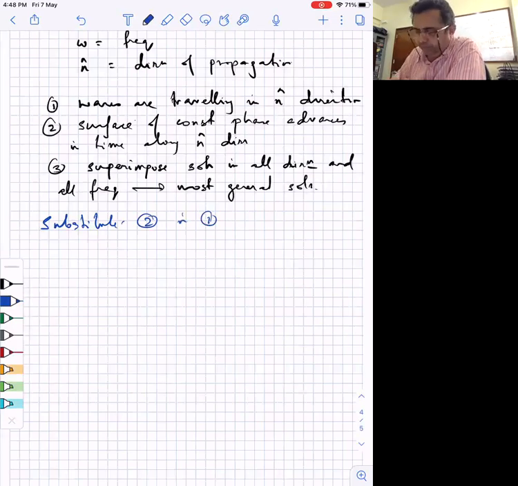Then you will of course get 4 equations, which will give you the relations between A1, A2, K, all these things. So we'll get these 4 equations. I want to go on, but maybe I will just write it down.